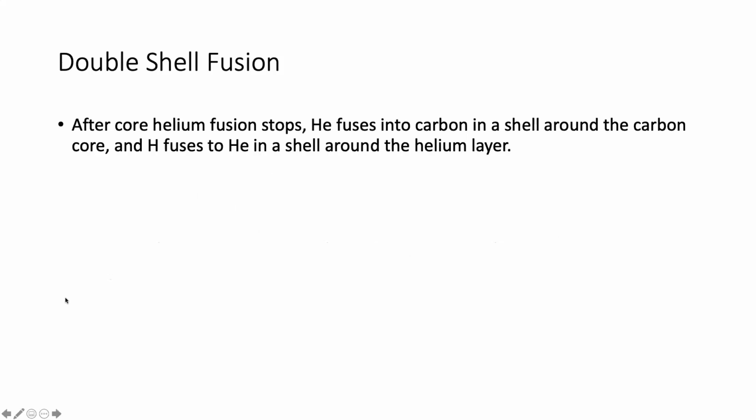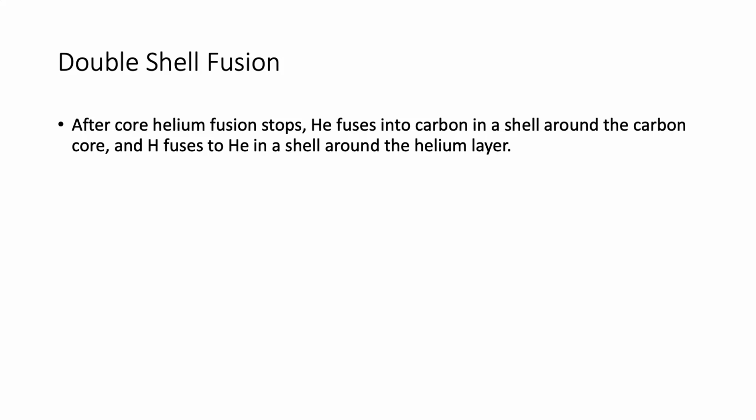So what happens next? Well, eventually, the same thing that happened from hydrogen to helium, where that helium just sort of builds up in the core, right? You have this inert helium that builds up with a shell of hydrogen fusing around it.